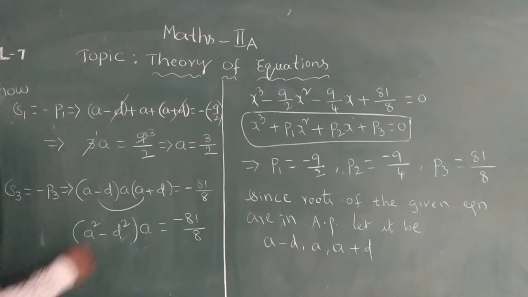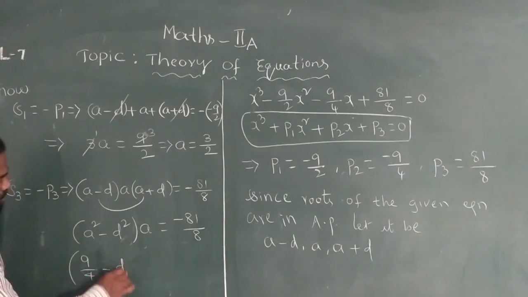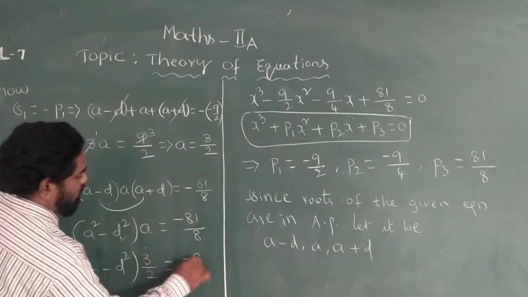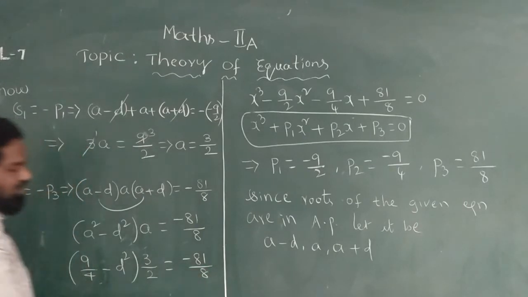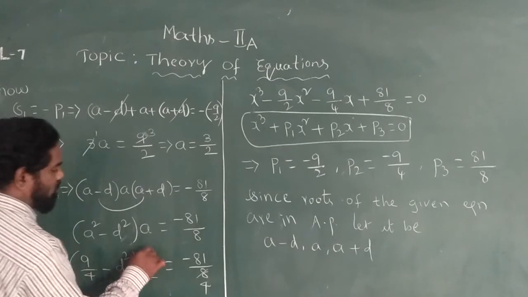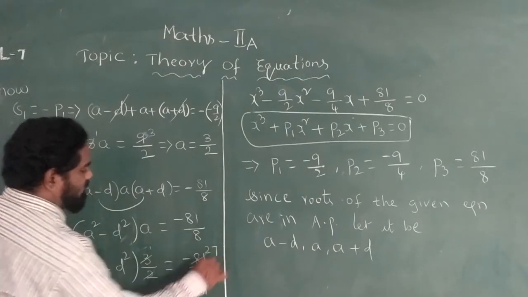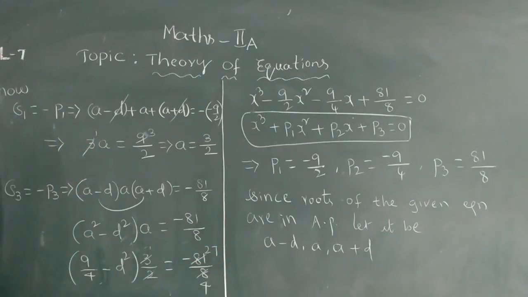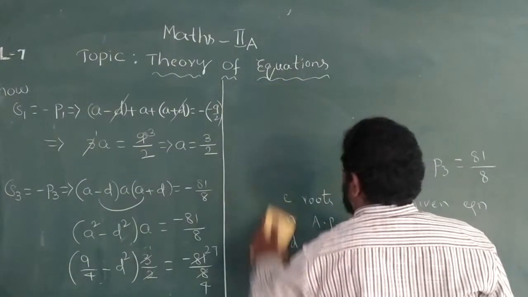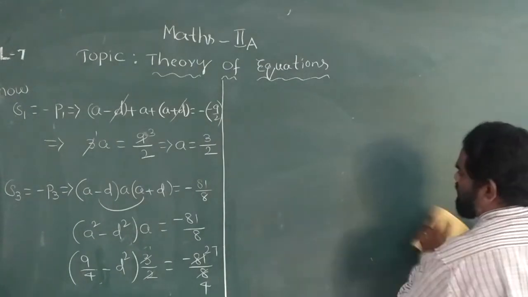Now you know the a value, 3 by 2, put it here. 3 by 2 whole square is 9 by 4, minus d square, into 3 by 2 equal to minus 81 by 8. 2 into 4, 3, 27. Understand? So it will be taken like this.